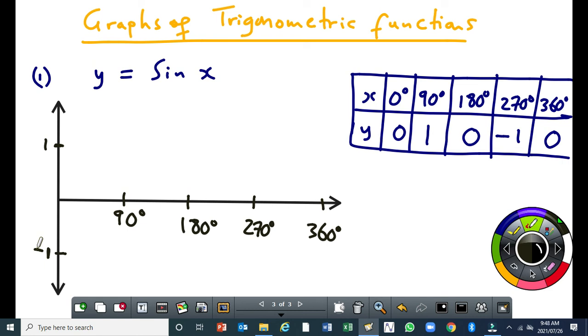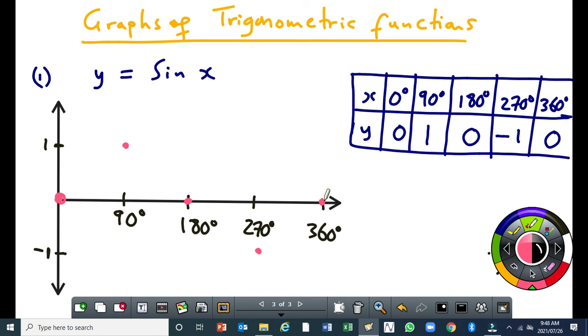Then I have to plot my point. So when x is 0, y is 0, which will be there. And then when x is 90, y is 1, which will be somewhere there. And then when x is 180, y is 0, there. And then when x is 270, y is -1, somewhere there. When x is 360, y is 0, it will be there.